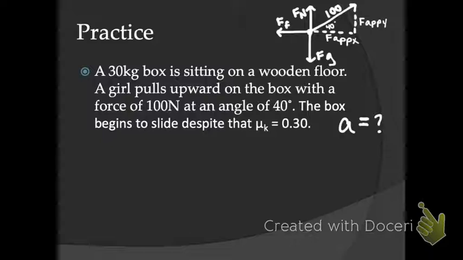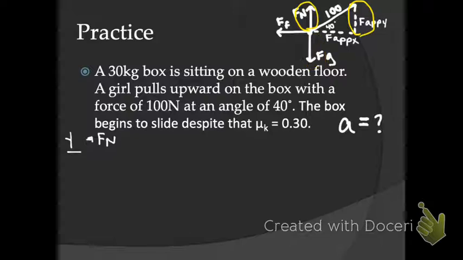So the first thing I'm going to do is solve things in the y direction. I want to solve for the normal force. Okay, so how many vertical forces do I have? 1, 2, 3. I have 3 vertical forces.